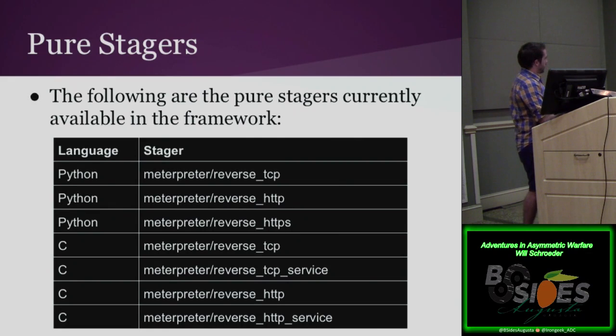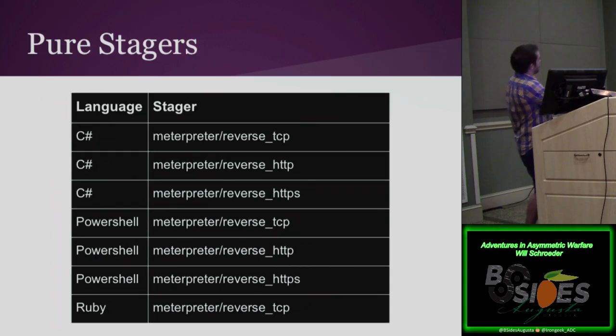We also have stuff in C. We have a reverse TCP service, which will work with PSExec, and an HTTP and HTTPS service, which will work with PSExec as well. We have C#, with the same TCP, HTTP, HTTPS. PowerShell, we released around the DEF CON timeframe, a couple of these pure stagers. And Ruby, which I'll talk about in a minute.